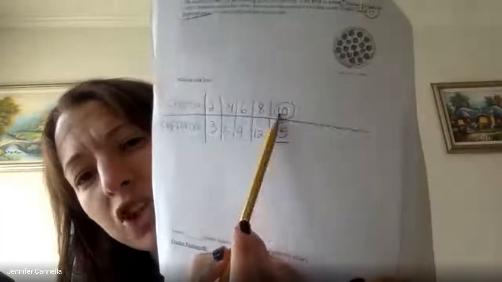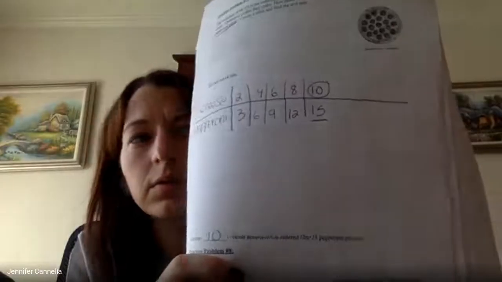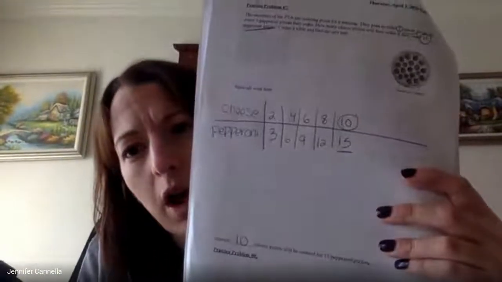So let's look at it. 15 pepperoni is how many cheese? 10. Excellent. So the answer is 10 cheese pizzas for 15 pepperoni. Not bad, right? All right, let's move on now to page 11. This one's tricky, but I think you can try it.